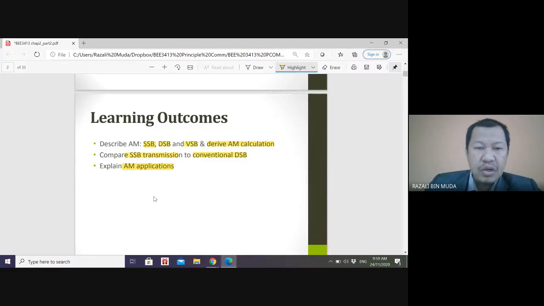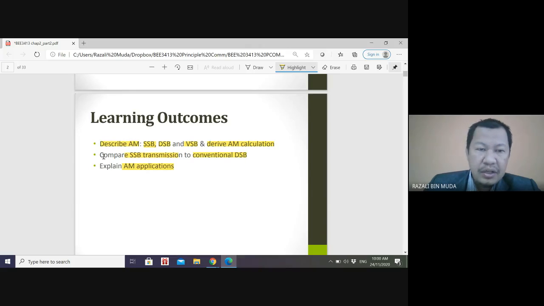Okay, so learning outcome for this session is, at the end of this session, the student should be able to describe amplitude modulation signal in terms of SSB single sideband, DSB double sideband, VSB vestigial sideband, and do some calculation on the derived AM.